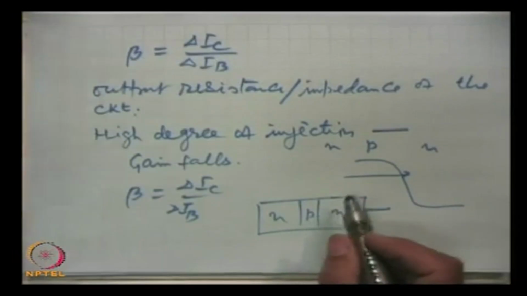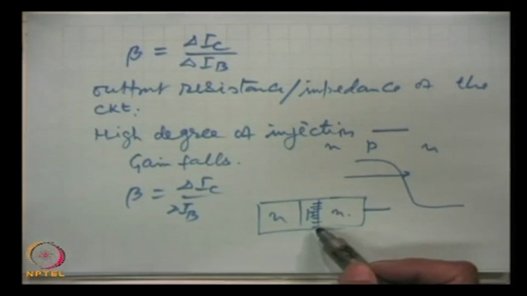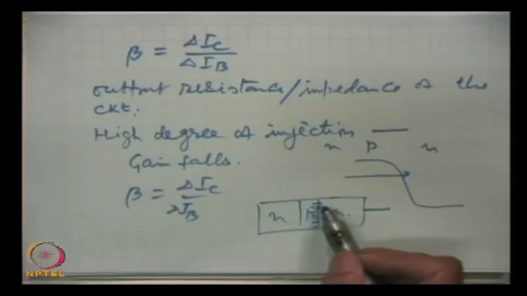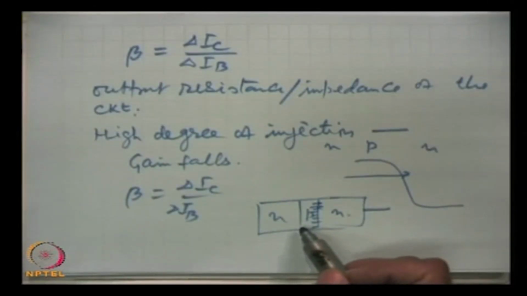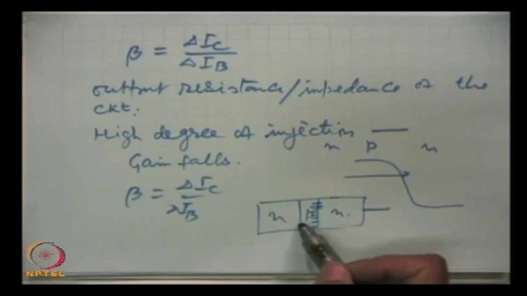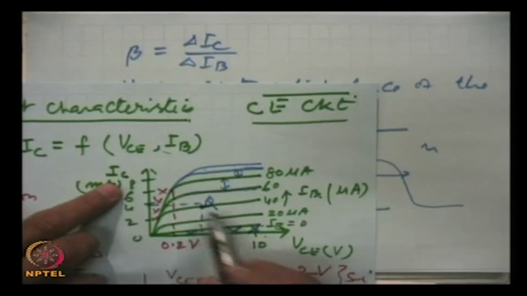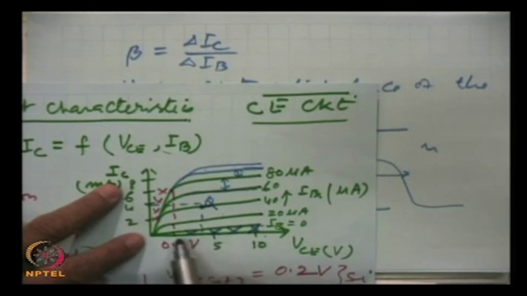as I have discussed earlier, there will be a broadening of the depletion width, and because the base is very lightly doped, more penetration of the depletion region will be in the base region. Hence a lesser number of electrons will recombine, giving rise to a slightly higher value of collector current with the rise in this reverse bias voltage.